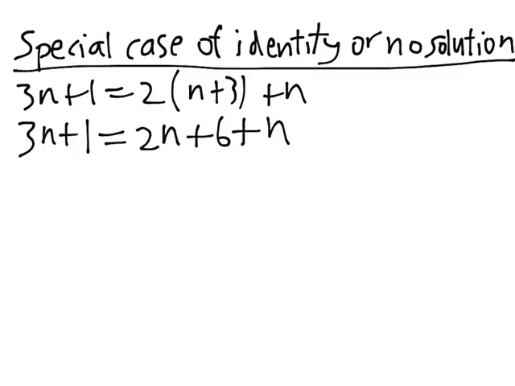Now notice on the right side, 2n plus n combines to give us 3n plus 1 equals 3n plus 6.